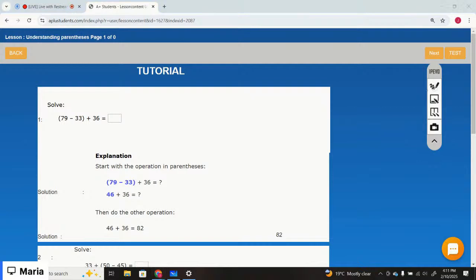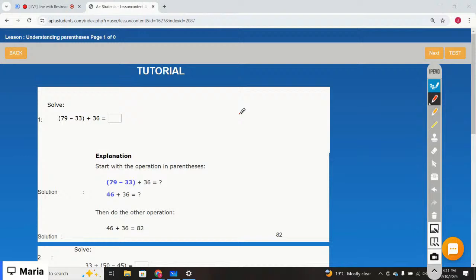So these are the parentheses. They are the parentheses, right? So everything that is written inside the parentheses, you have to solve first. Whatever operation it is, you have to perform this operation first because they are written in the parentheses. So parentheses has the highest priority over everything.